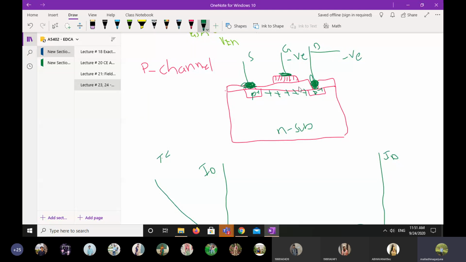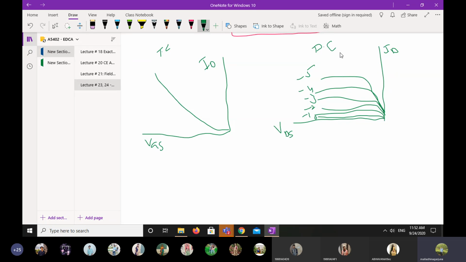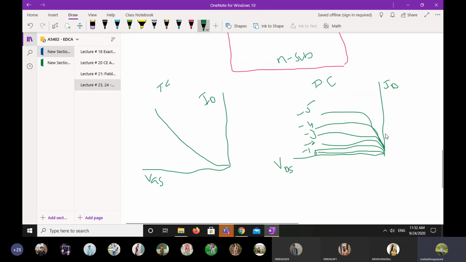So this is for 0, -1, -2, -3, -4, -5. These are the transfer characteristics and drain characteristics for the P-channel enhancement MOSFET. You will get the characteristics like this.